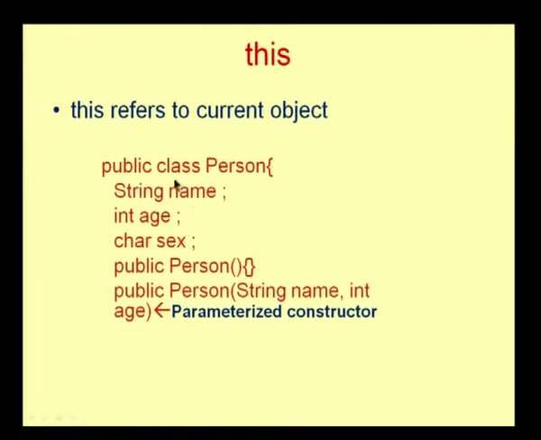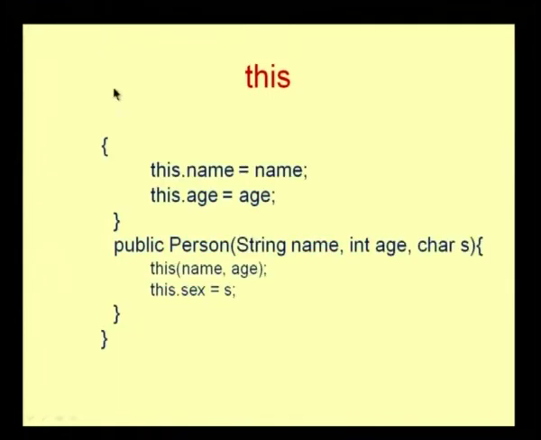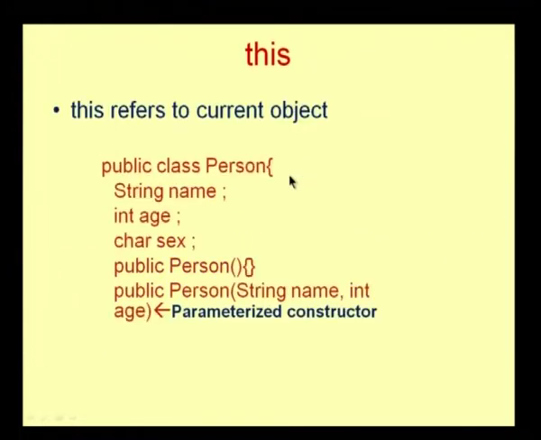Here you can see that we have a class. So here a parameterized constructor. Here inside this parameterized constructor we have this dot name is equal to name. You can see that here the variable name in this particular set of arguments and in this particular instance variable is same.